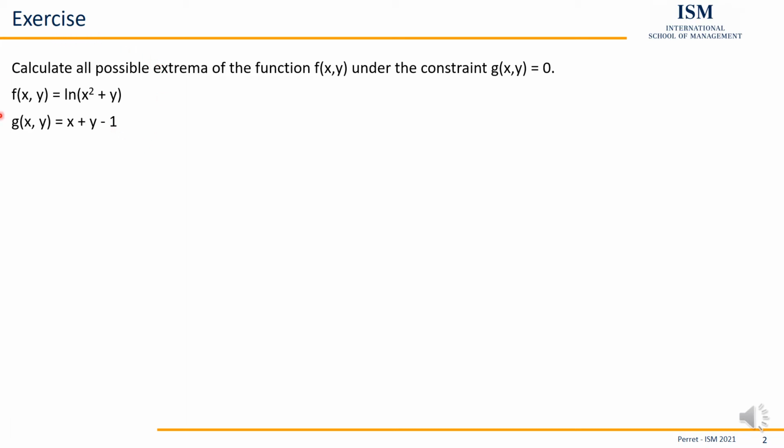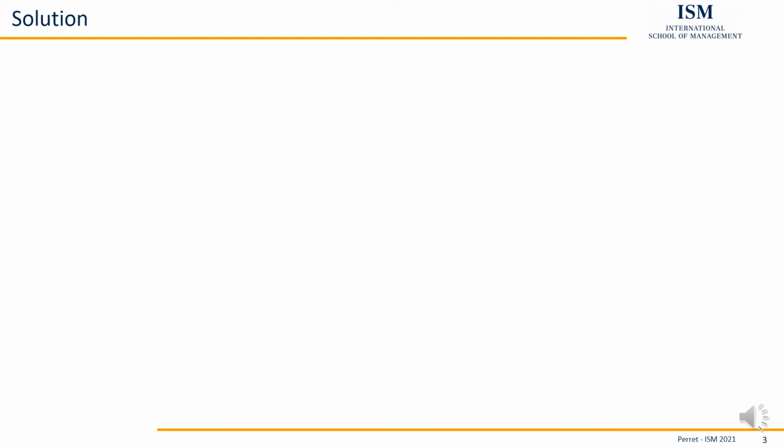Okay, if we see that we have a function and an equality constraint, we know we need to use Lagrange multipliers. This means we simply start by building the Lagrange function.